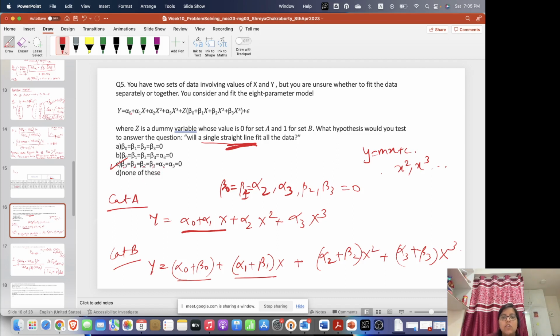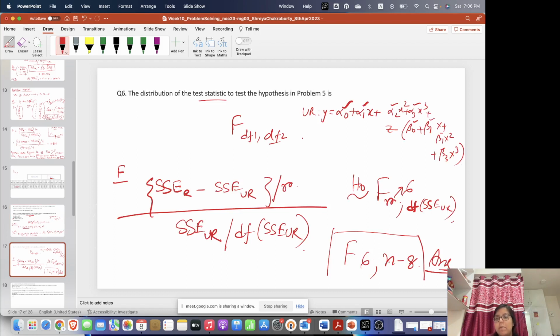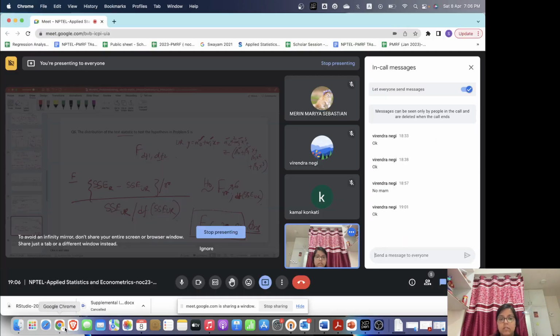And in the unrestricted model, we had 8 parameters to be estimated. So the DF of error would be n minus the number of parameters estimated. So this will be the distribution of the test statistic. Is it clear? Okay.